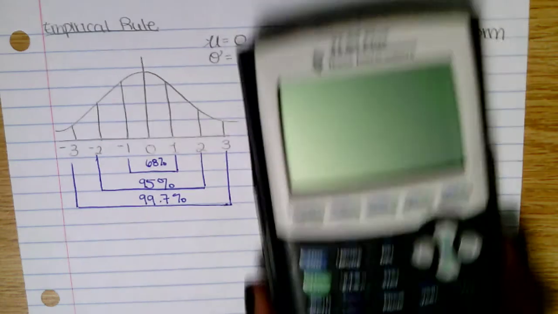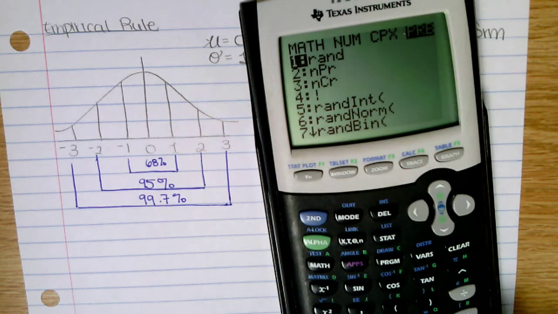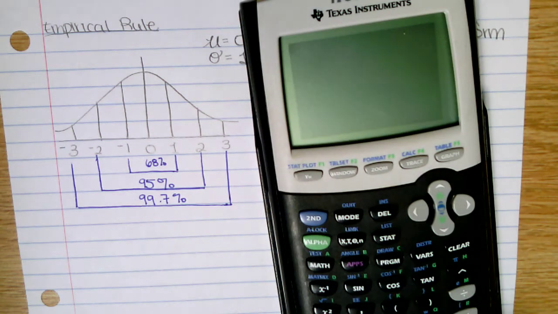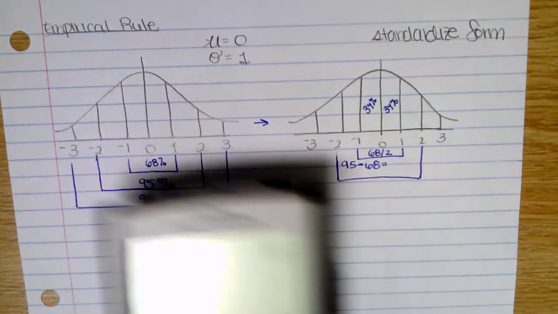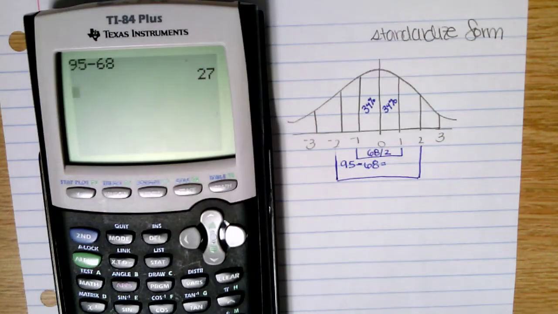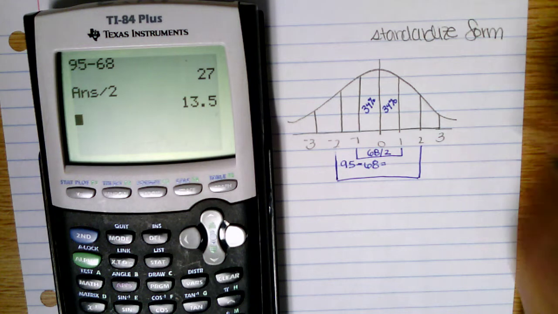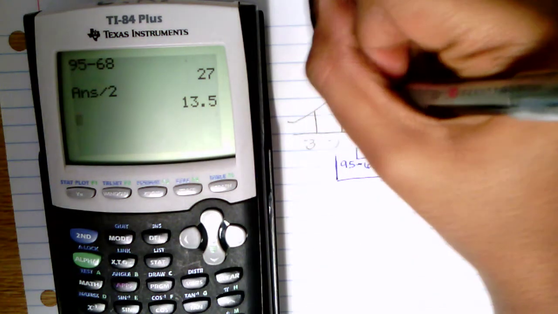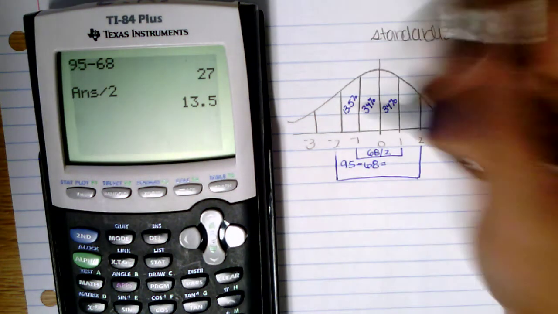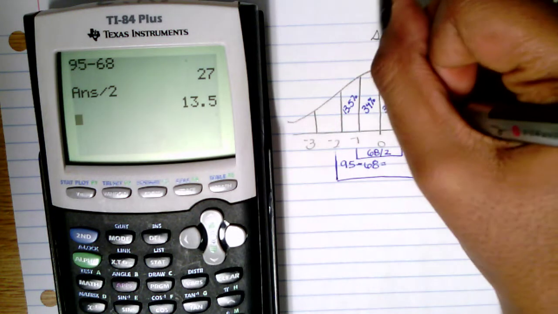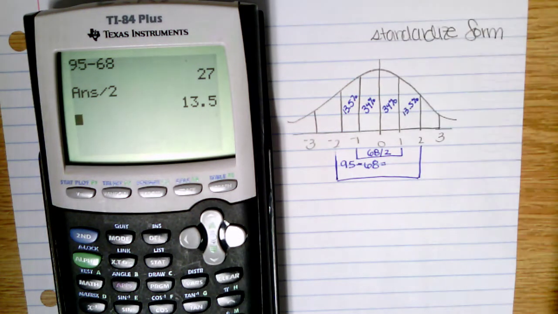We can bring it over on our calculator. 95 minus the 68 gives us 27. And because we have two sides, we do 27 divided by 2, and that gives us 13.5% on one side and 13.5% on the second side.